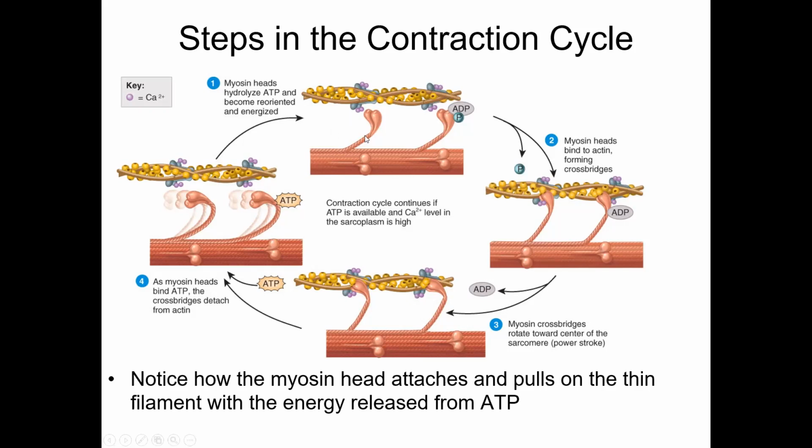And also the myosin head group will straighten out and be ready for the next binding to the actin and the next power stroke. So ATP, the energy, is used in this contraction cycle to detach the myosin head group from the thin filament and also make it ready for the next binding action and next power stroke and moving the thin filament.